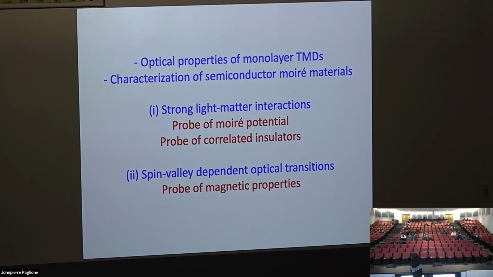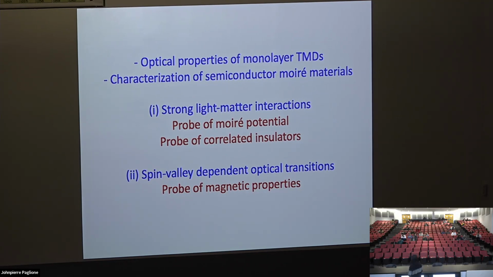But I have a very practical question. You showed a beautiful device, nice results, but how many devices does your team have to try to make before you get one that gives such nice data? What's the yield of the preparation? So to get Moiré structure, the yield is pretty high.